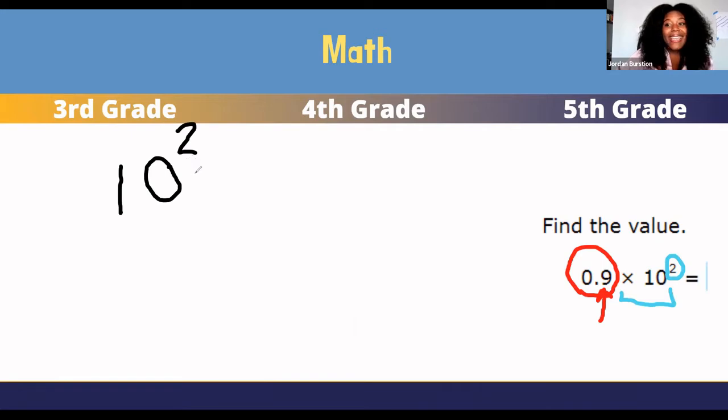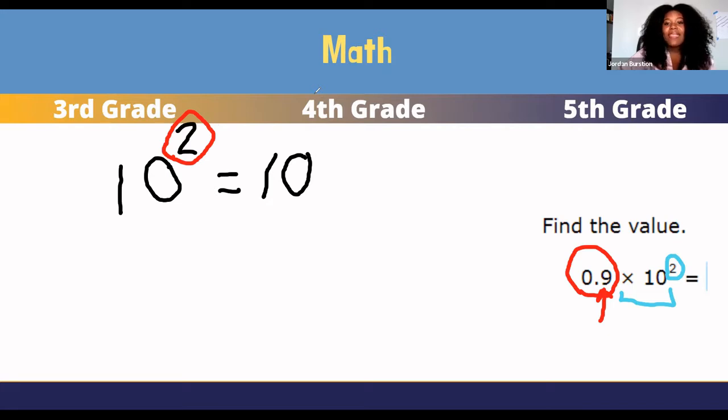Exponents are also known as repeated multiplication. So you're going to multiply something over and over and over. Our base 10 is the number that will multiply, and our exponent up here in the corner tells us how many times to multiply it. So we're going to multiply 10 2 times.